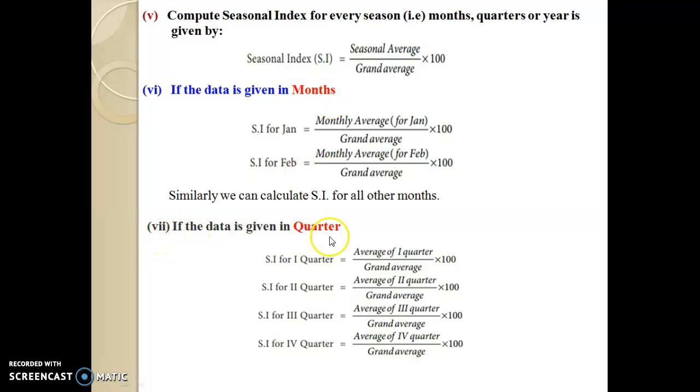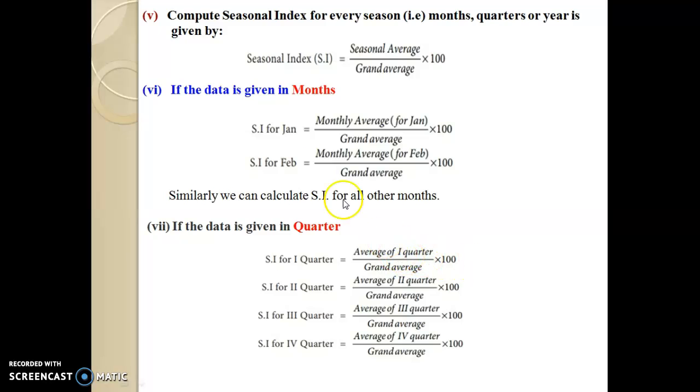If data is given quarterly, that means 4 quarters: first quarter, second quarter, third quarter and fourth quarter. The seasonal index for the first quarter equals the average of the first quarter divided by the grand average multiplied by 100.